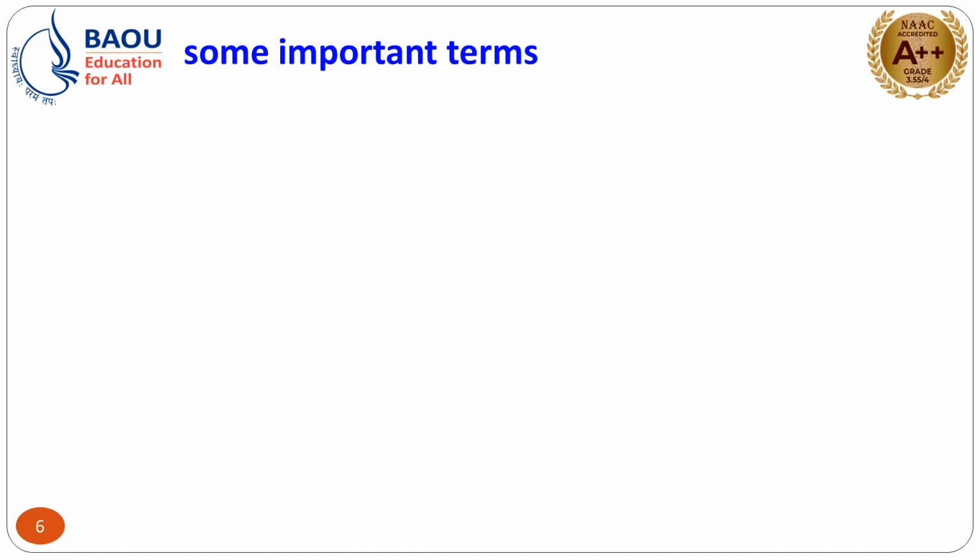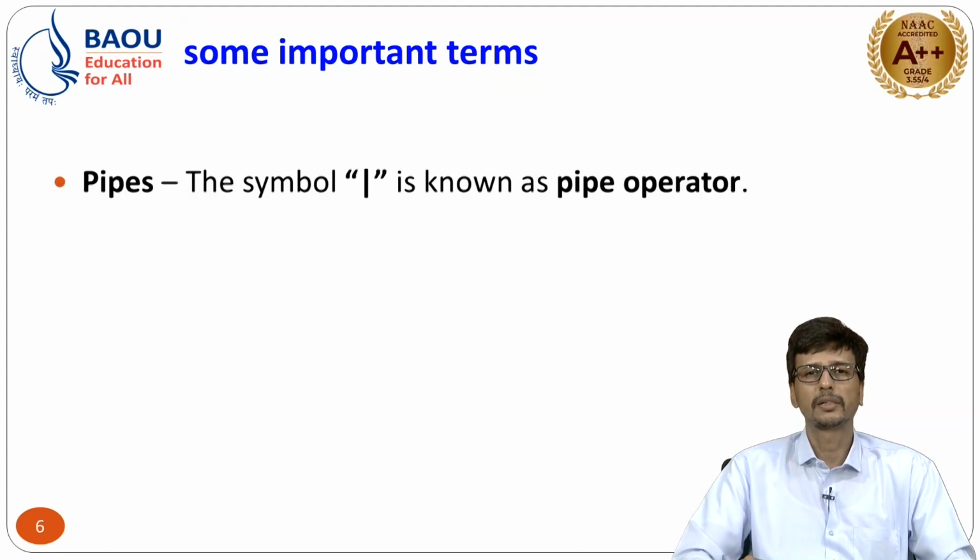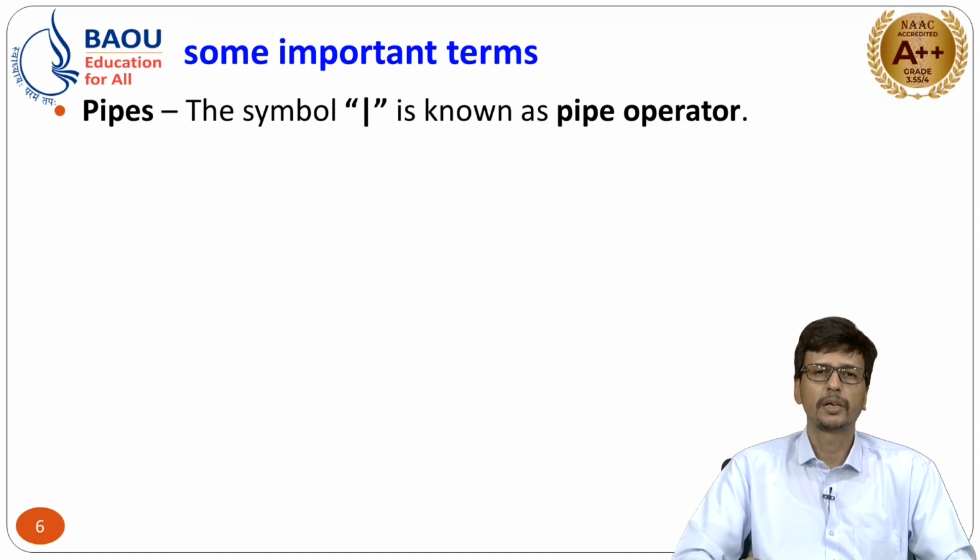Now we are going to go into the deep concept of IPC, but before that you can understand some basic terms. First term, that is pipe. So pipe, you are already aware from our previous sessions, can be used for redirection purpose. To merge multiple commands, you are using the pipe symbol.